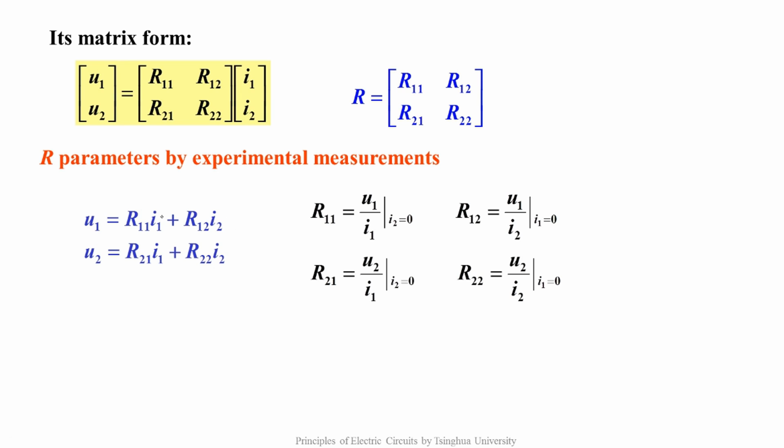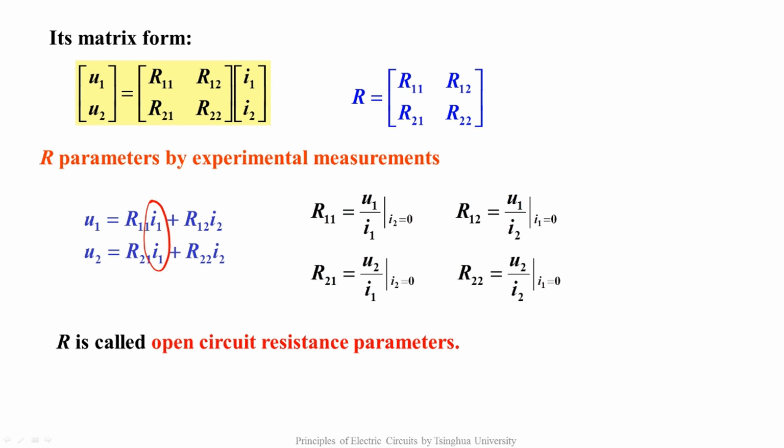Similarly, if I1 equals 0, that is port 1 is open, then R12 equals U1 over I2, and R22 equals U2 over I2. Since we can find the R parameters by letting the ports be open, R is called the open circuit resistance parameters.